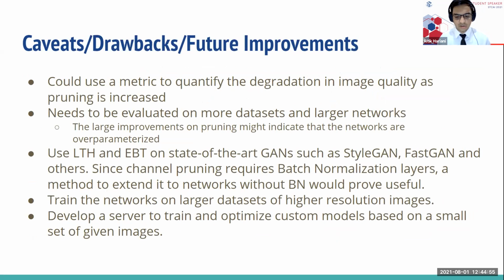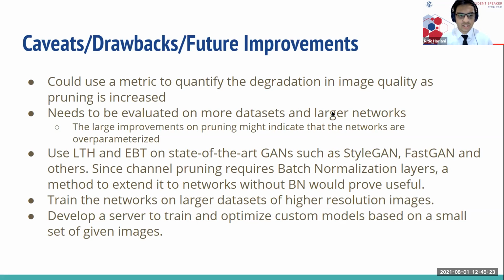So coming to the future improvements which can be done on our work, we could use a standard metric to measure the image quality produced by our GANs, instead of just having a visually plausible option. We can also apply evaluation metrics. To improve the quality of the GAN, we can use state-of-the-art GANs such as StyleGAN, FastGAN, and others.